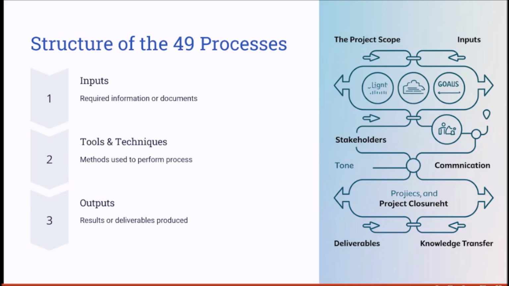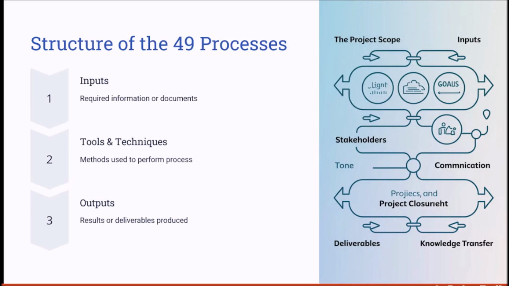Let's take an example to clarify this. If we have to develop the project charter as a process, the inputs might be the business case and agreements. The tools and techniques used to perform the process are sometimes expert judgment, facilitation techniques, or meetings.